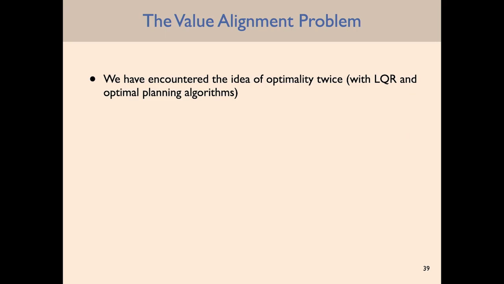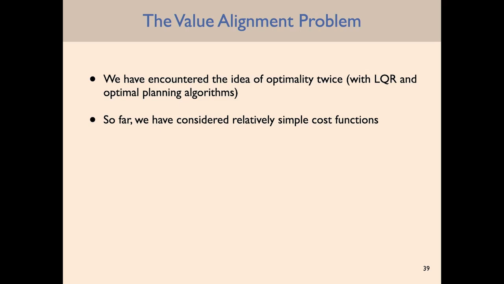So far, as I mentioned, we've encountered this notion of optimality twice. When we looked at feedback control, we said we want stability and optimality. LQR gave us a particular notion of optimality, the quadratic costs on state and control inputs. And then we looked at optimal planning algorithms in today's lecture. So we considered relatively simple cost functions.